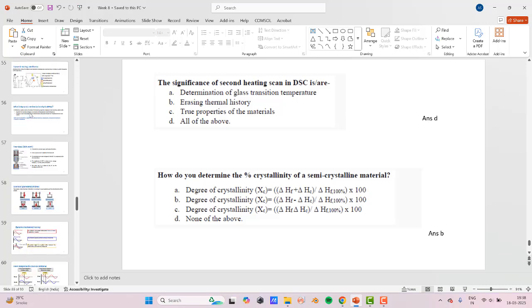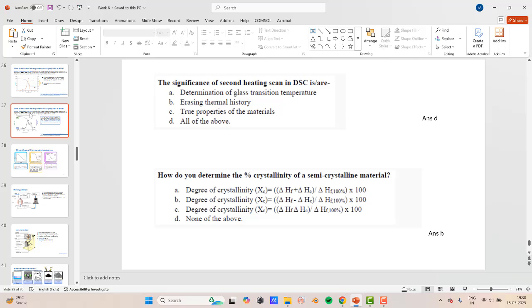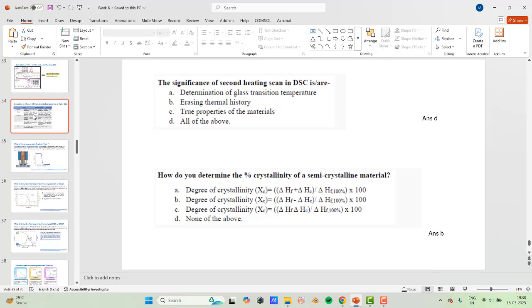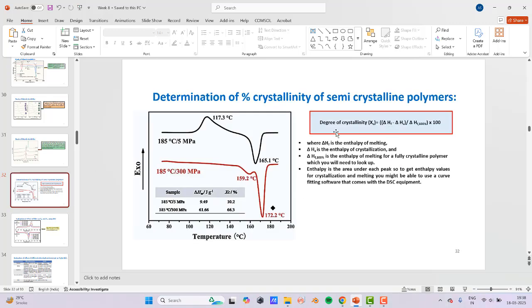Degree of crystallinity. Yes, this one. Here you can see that the degree of crystallinity is delta Hf minus delta Hc, where Hf is the enthalpy of melting and Hc is the enthalpy of crystallization, divided by delta Hf 100%.